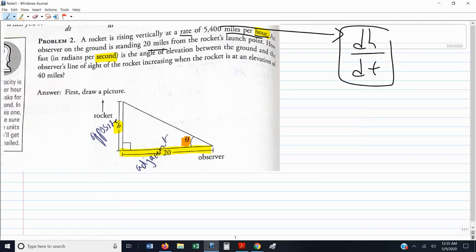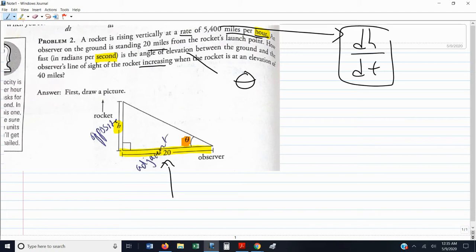You also know because the unit says per hour. The observer on the ground is 20 miles from the launch point, so you can just see that in the formula, I think. How fast in radians per second is the angle of elevation increasing? So it's not asking you for the angle, it's asking you how fast is that angle changing.